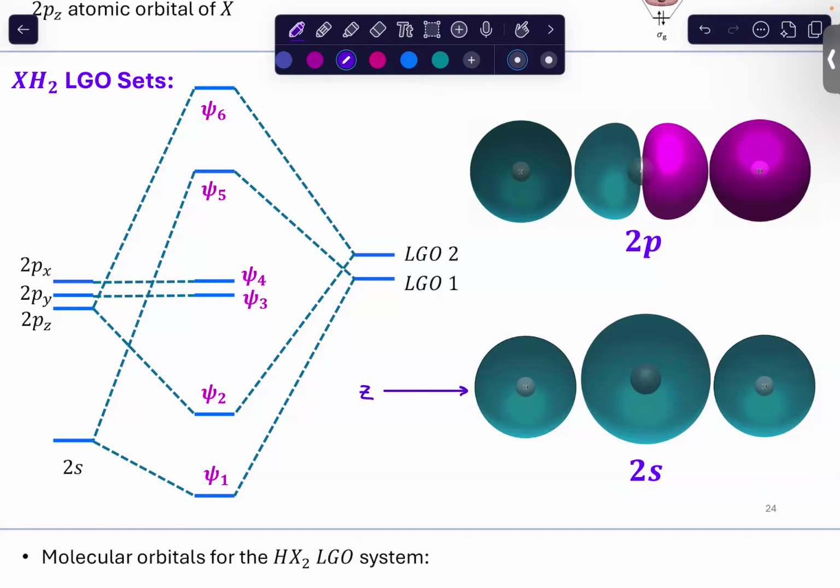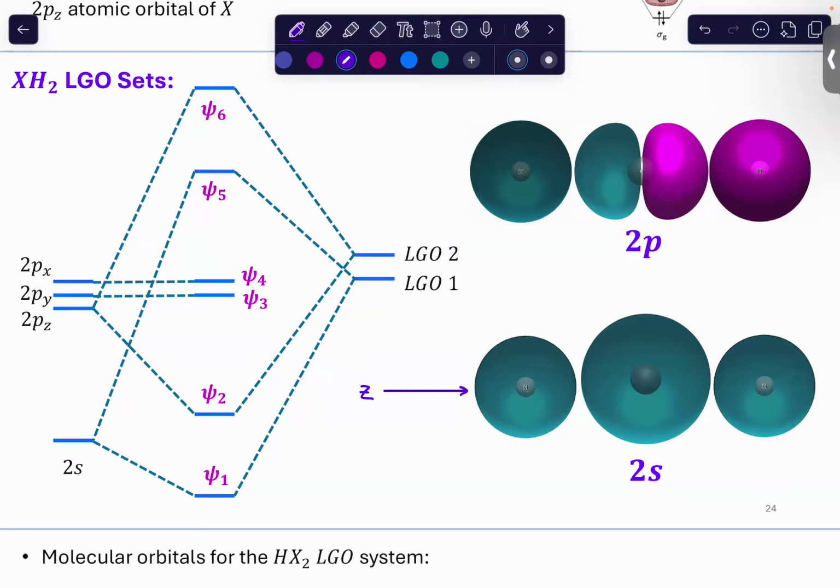On the bottom, we can get a 2s orbital from our central atom interacting with the 1s orbitals of hydrogen to form a perfectly symmetric bond. That one's actually going to have to go all the way down to the psi 1, because you have low energy orbitals forming a perfectly symmetric field that's going to go pretty low in energy.